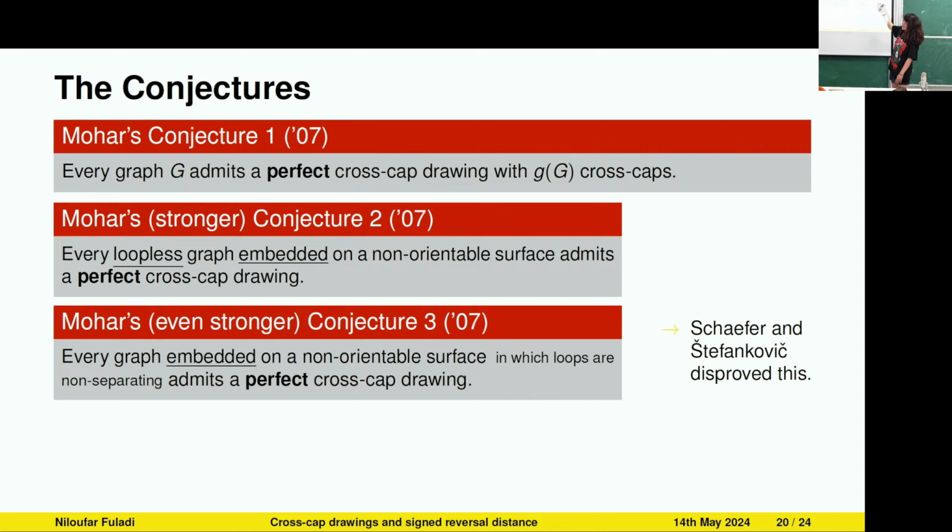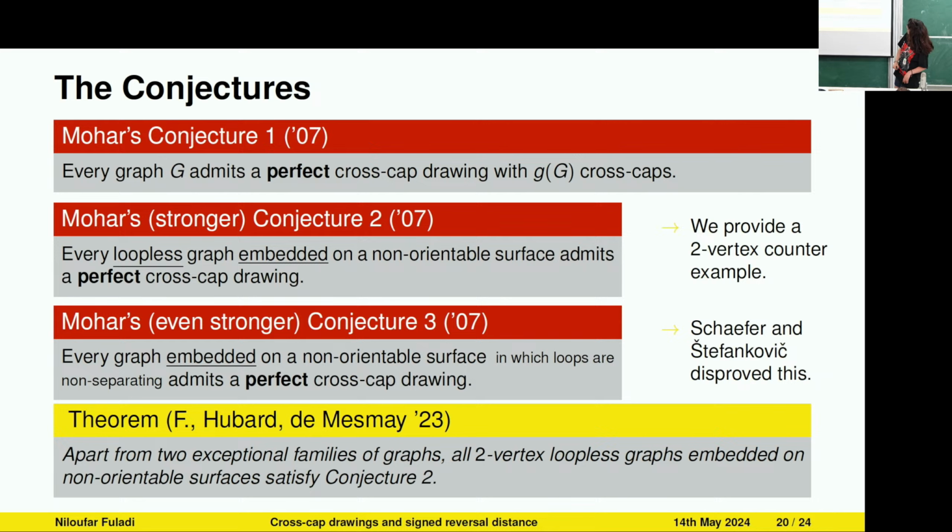Schaefer and Stefankovic have a counterexample that is surprisingly very small. It has one vertex, and I think 5 loops. So this one is wrong by this example, and the second one is also wrong, and this is what we did. Our example has 2 vertices. So we prove that this conjecture is wrong.